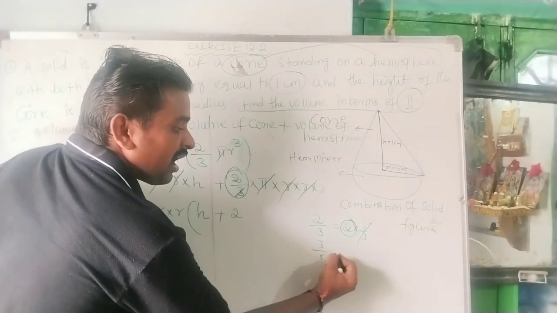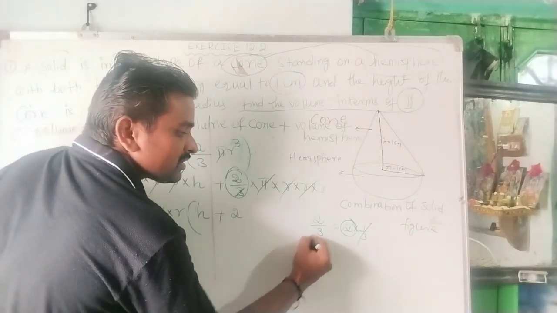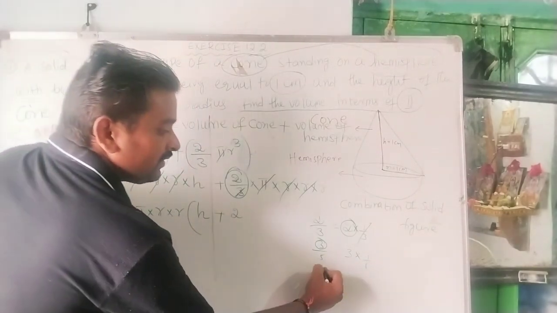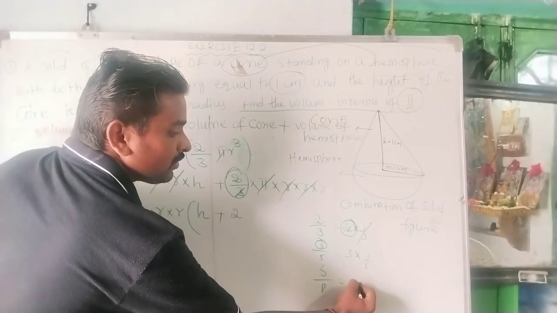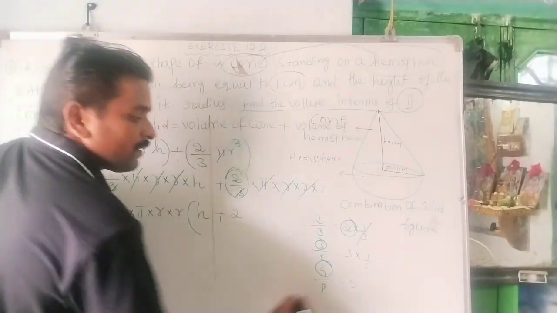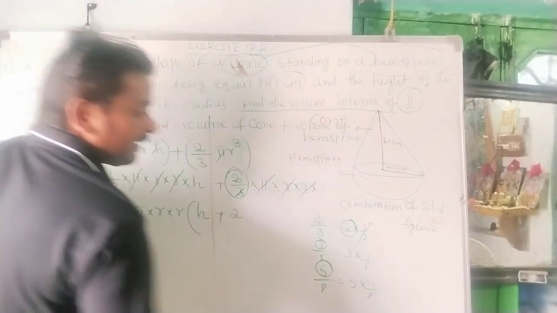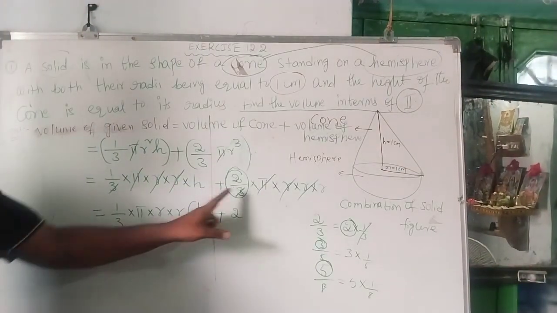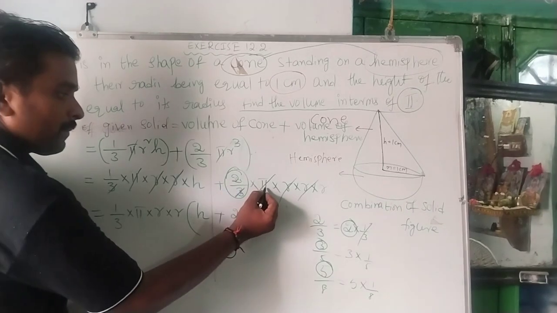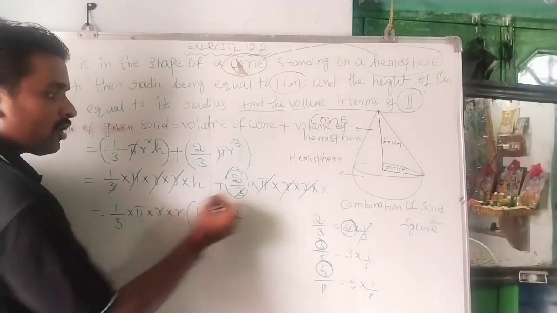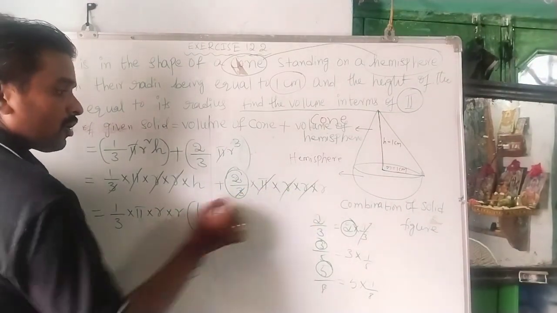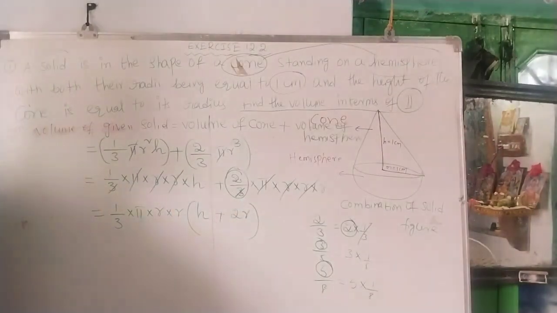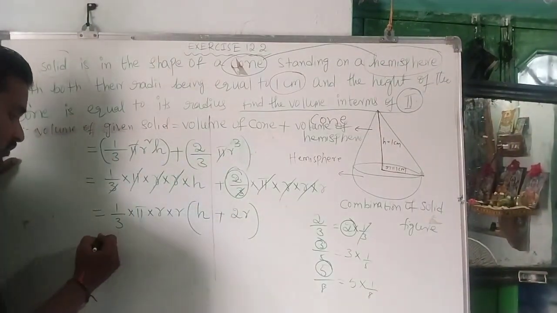Next, 3 by 5: first write the numerator, 3 into 1 by 5. How will we write 5 by 8? Very simple. First write the numerator 5, next 5 into 1 by 8. Clear? Already 1 by 3 is common, so 2 is left. Pi and r are already common. One more r is there. So h plus 2r. Next I will substitute values.